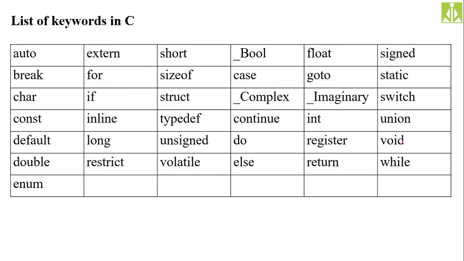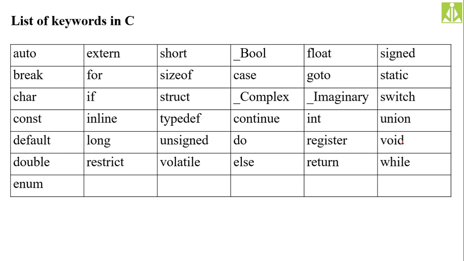They are kept in alphabetical order, but we will study them according to their priority or importance in C language. In this table they are kept in alphabetical order, as you can see.